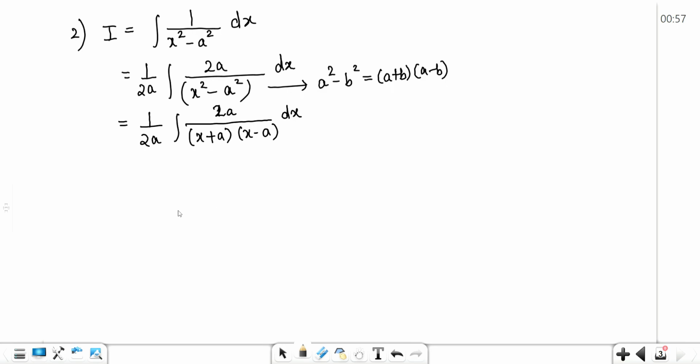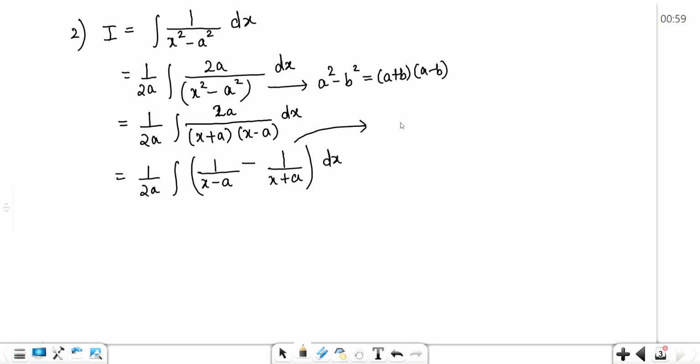Now what we have to do is split the numerator in such a way that the denominator gets separated. So I'll write this as 1 upon x minus a minus 1 upon x plus a. You can verify this by doing the cross multiplication, that is x plus a minus x minus a upon x minus a and x plus a.